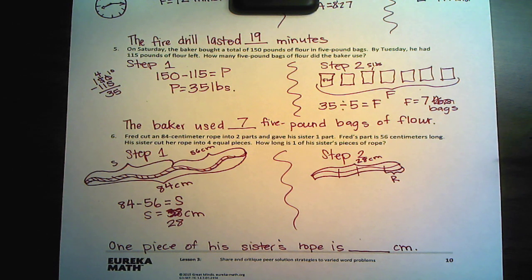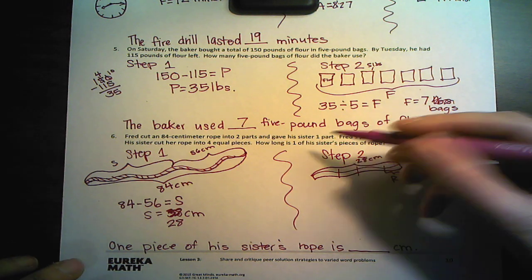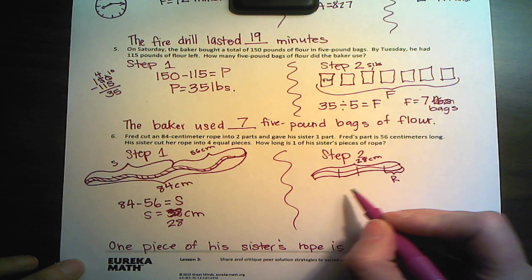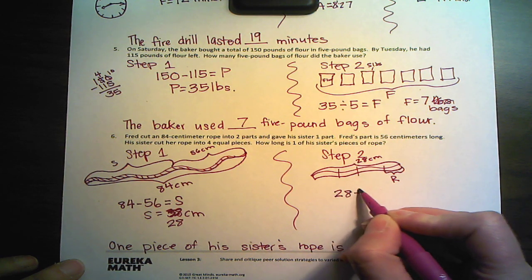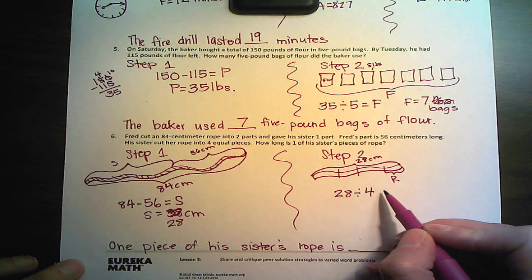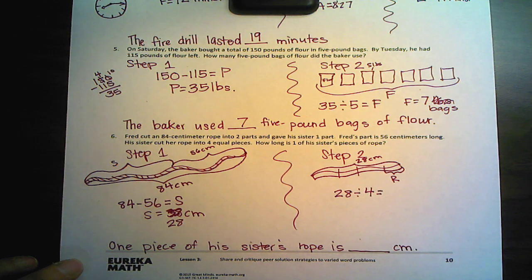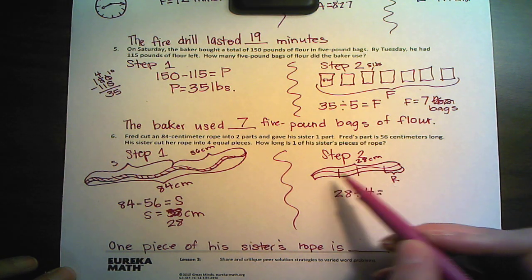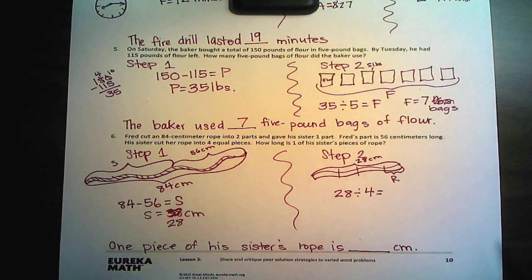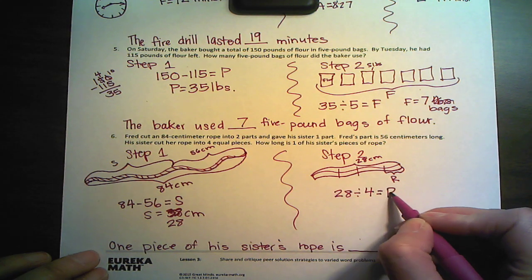I'm sure you're yelling it from the top of your lungs right now, saying, Mrs. Brady, we need to do this. And you're right. We need to divide 28 by 4, right? To figure out how long each of those pieces is. So this is going to be R.